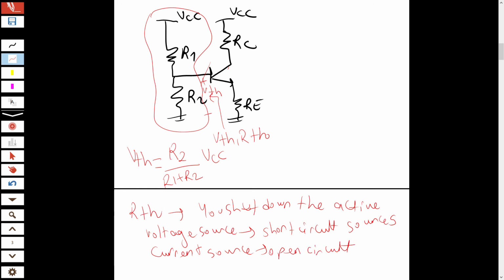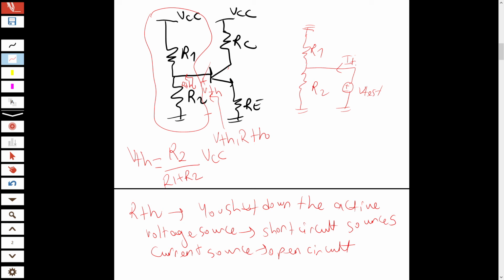So here, when you look at this side and find RThevenin, you will see there is a voltage source here. You will make it ground, short-circuited. So my circuit becomes like this, R1 and then R2. Then you connect a test voltage, V test, and there is a current I test.